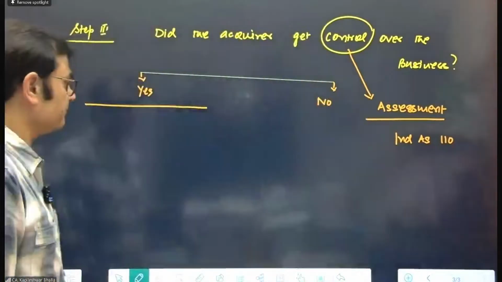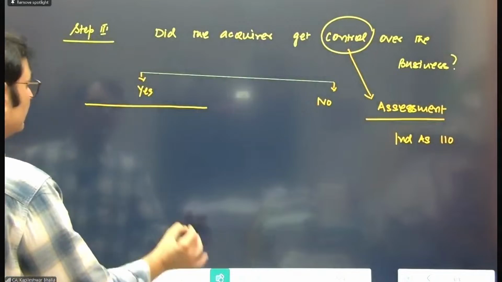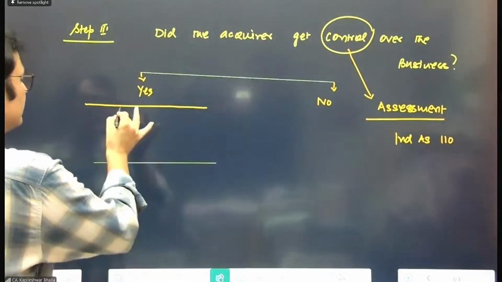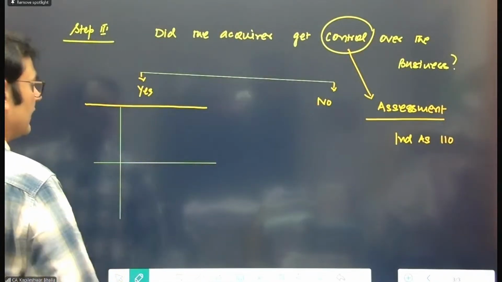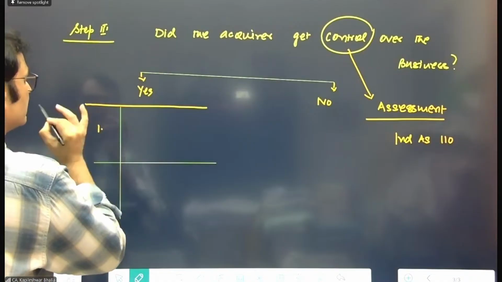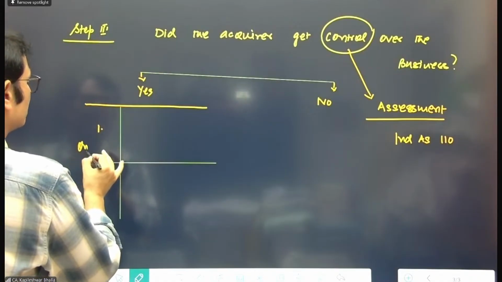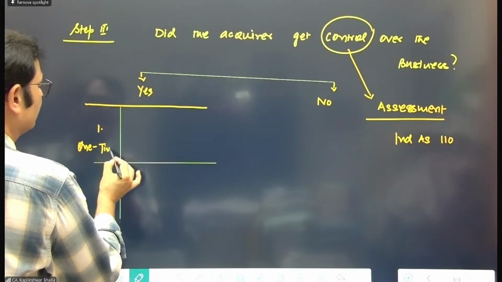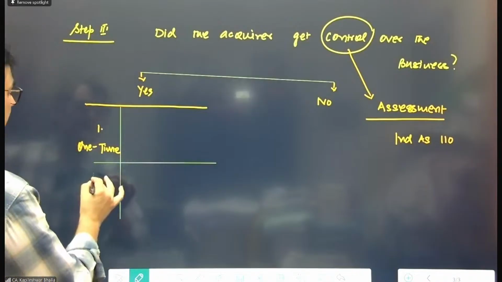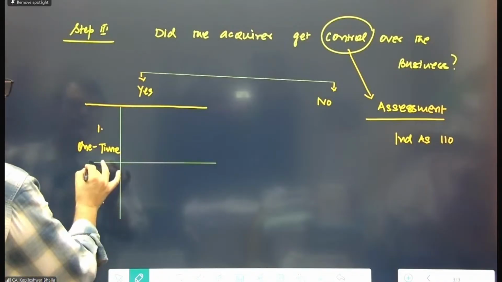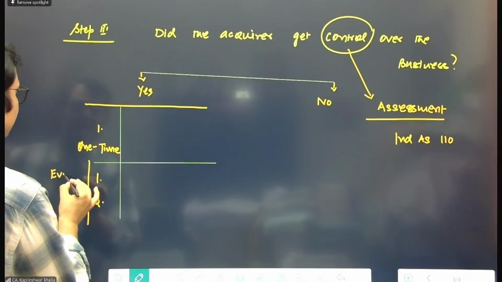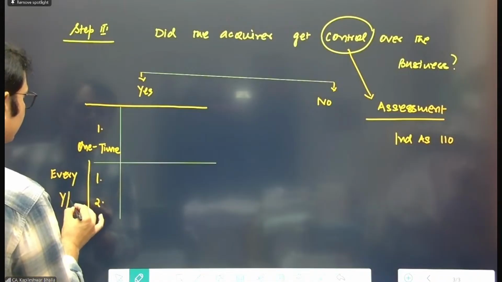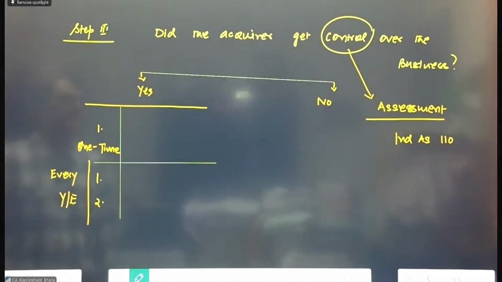So I would put it like this: there are 2 sets of standards which would apply. One is a standard which has a one-time application. And the other set of standards is going to be applied every year end, year by year.